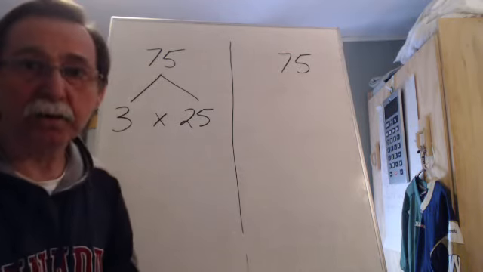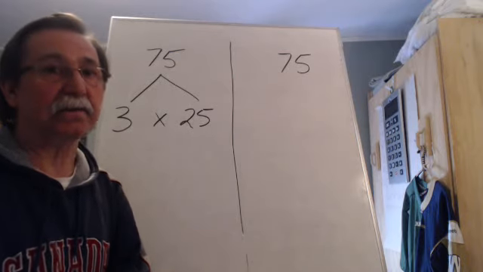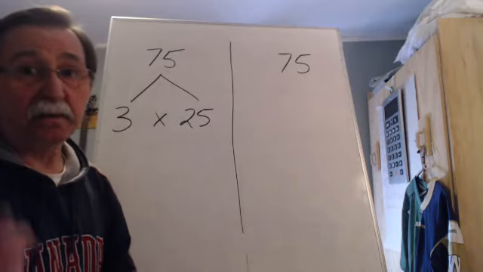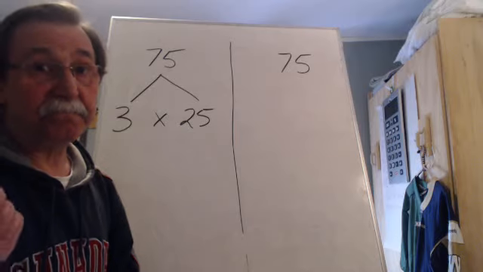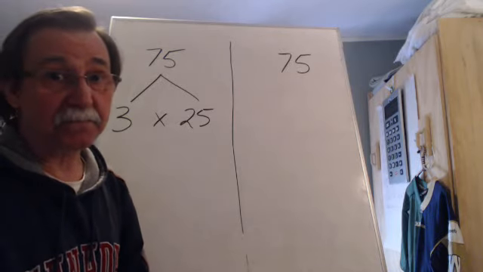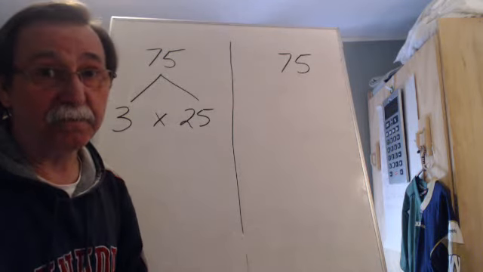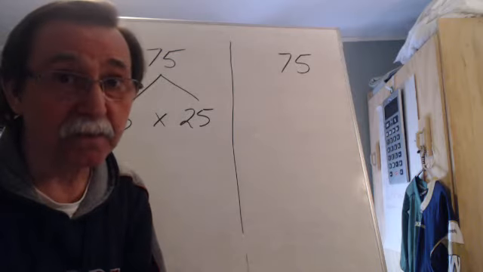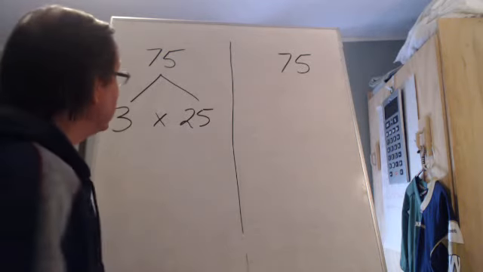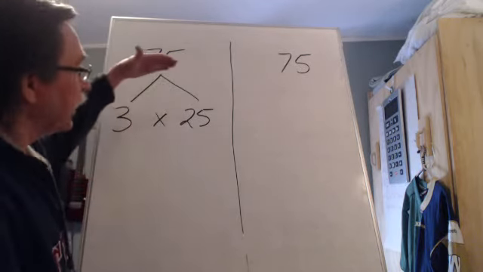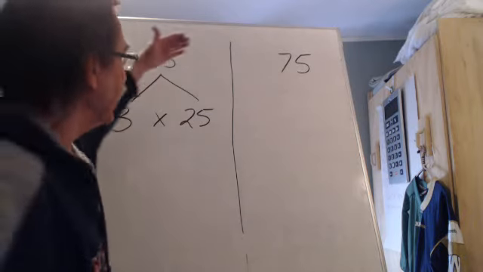I would hope that we can all count by 25s, at least up to 200. 25, 50, 75, 100, 125. All right, I would hope we could do that, and I have a feeling you can do that.